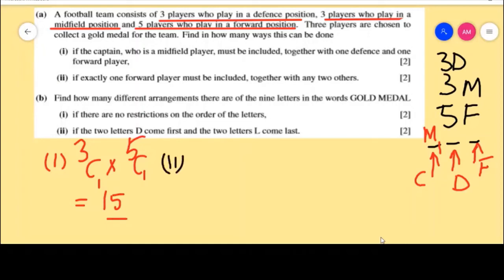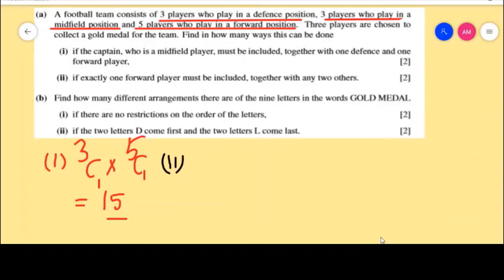Now A part 2. The question here is if exactly 1 forward player must be included. So 1, 2, 3, 1 forward player, I need that forward player there. I've got 5 forward players, so I'm going to go 5 choose 1.